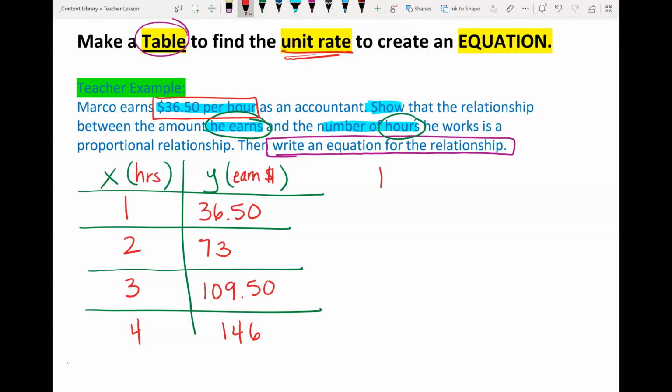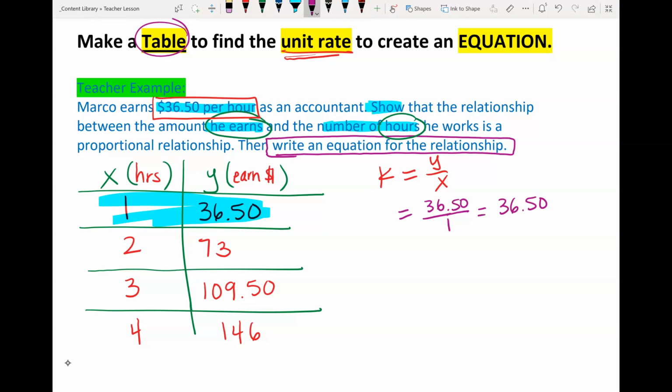Now let's find the unit rate. Remember, K is the constant, which is the unit rate, which is Y over X. So taking a look at the first one, $36.50 over 1 is going to equal $36.50. Our next one is 73 over 2, which is going to equal $36.50.